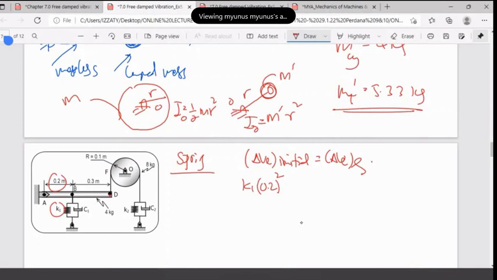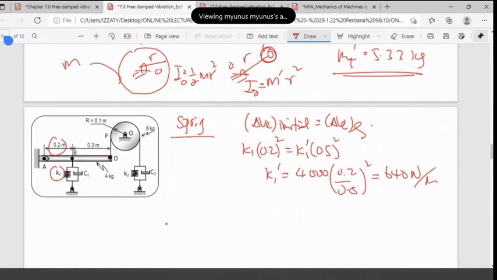As you move K1, it becomes K1 prime, and as you move, you have a new length of 0.5. They provide you K1 as 4,000. So K1 prime is K1 times 0.2 divided by 0.5, all squared, which brings you to 640 Newton per meter.